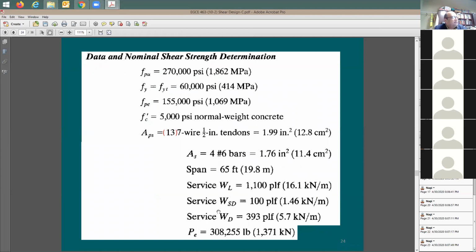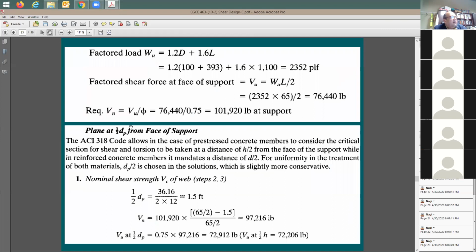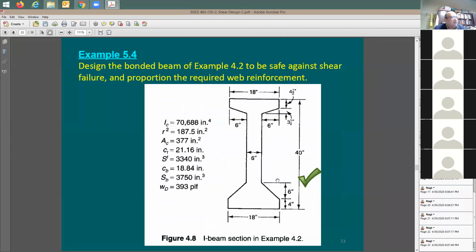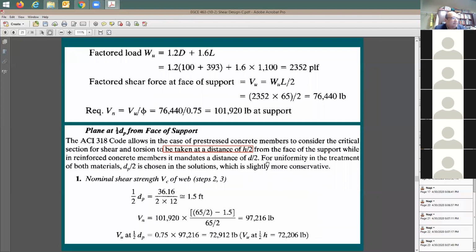So, okay. You should be able to figure out V sub u. And here's the discussion on where you take the critical section. Look at this. It says the code, ACI 318, allows you to take it at distance h/2. So this is 40 inches, and you take it at 20 inches from the face of support.